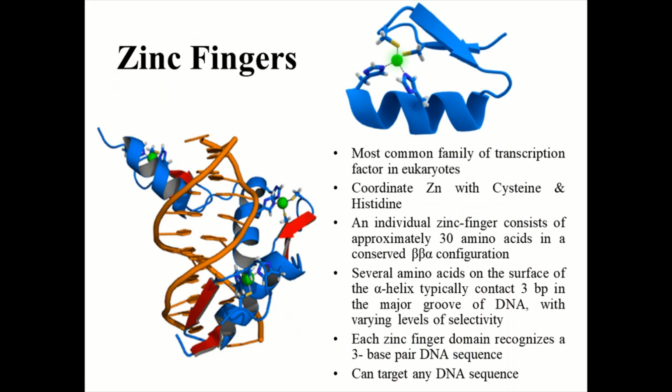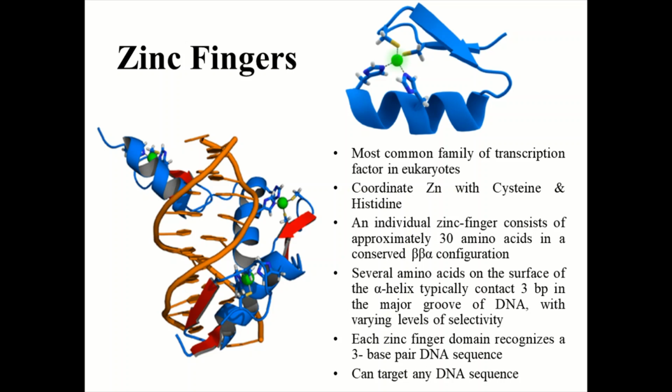This is a zinc finger protein. Zinc finger proteins are the most common family of transcription factors that regulate transcription in eukaryotes. Each zinc finger protein consists of approximately 30 amino acids which fold into a beta-beta-alpha structure.